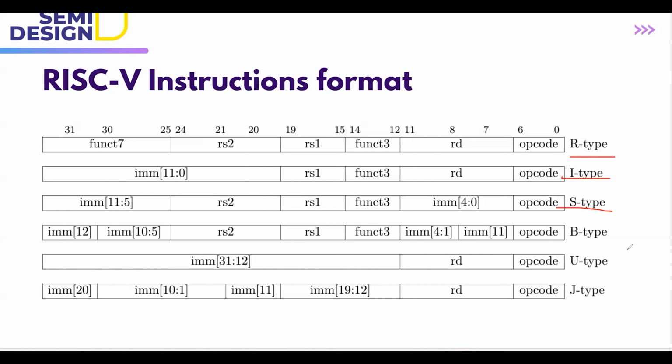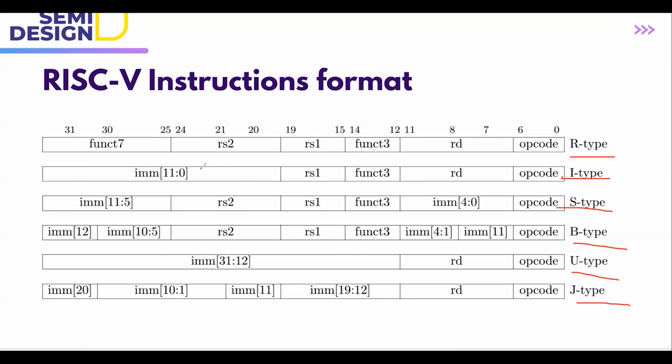B means branch type; different types of instructions are there in branch type. U in the sense load or add upper immediate. And J means jump and link.